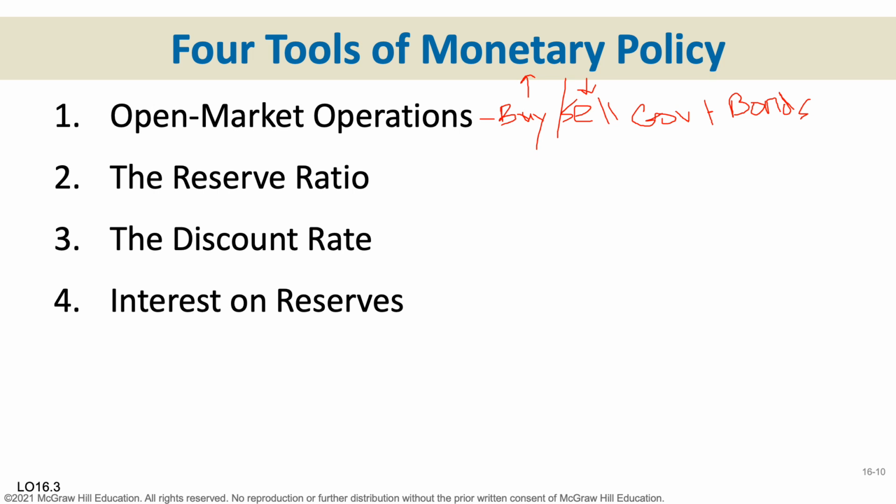That committee is very powerful because they are changing the money supply as they decide how much government bonds the Fed should buy or sell to get the money supply where they believe it needs to be to correct any recessionary gaps or inflationary gaps or just promote growth, keep unemployment low.